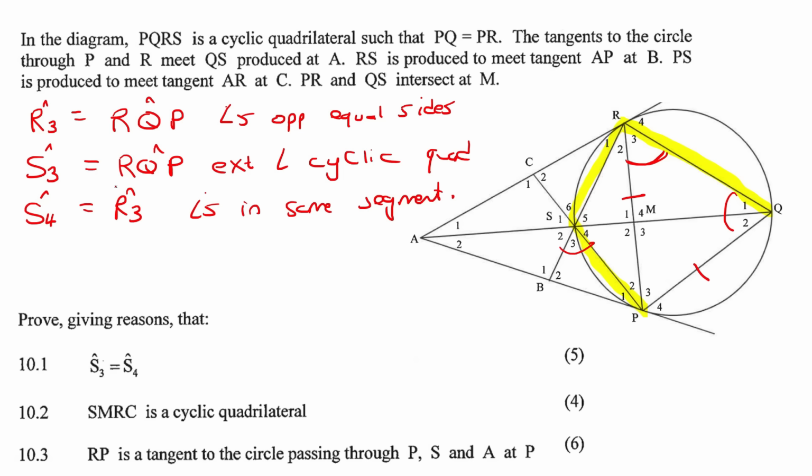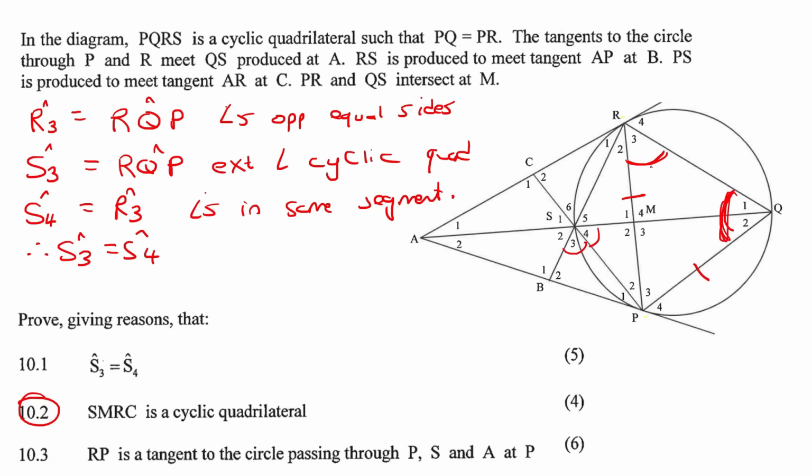So if R3 is the same as RQP and S3 is the same as RQP, then it means that R3 is the same as S3. But if R3 is also the same as S4, then it means we can say that S3 must also be the same as S4.